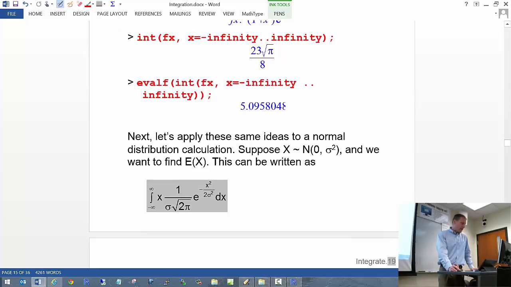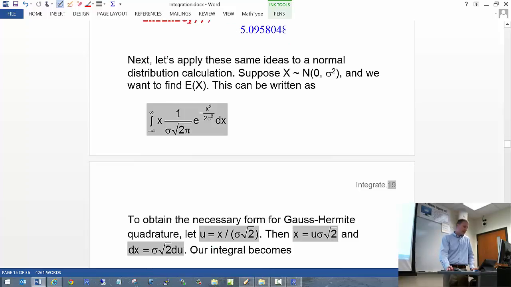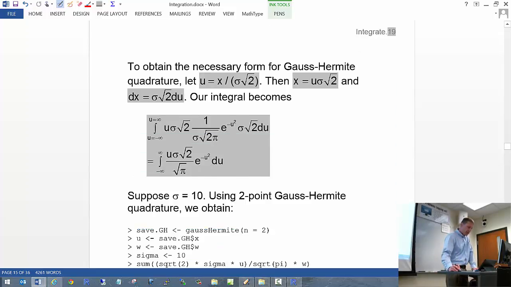Now let's do this stuff with a normal distribution. Let's say I want to find the expected value of x for a normal distribution with mean 0 and a variance of sigma squared. If I put this into the Gauss-Hermite format, I can do a little transformation: let u be equal to x divided by sigma divided by square root 2, so that I can get e to the negative u squared in there.